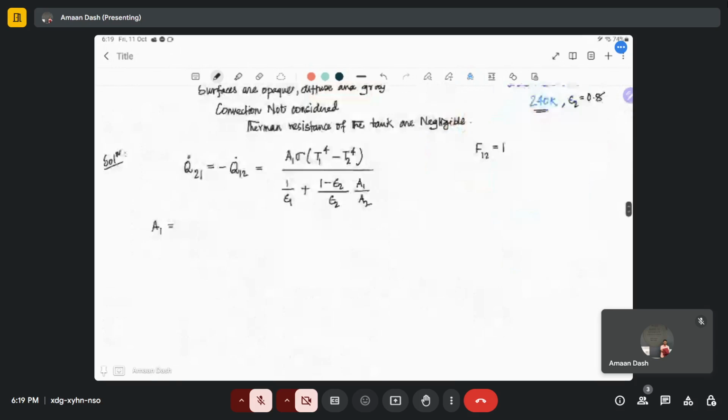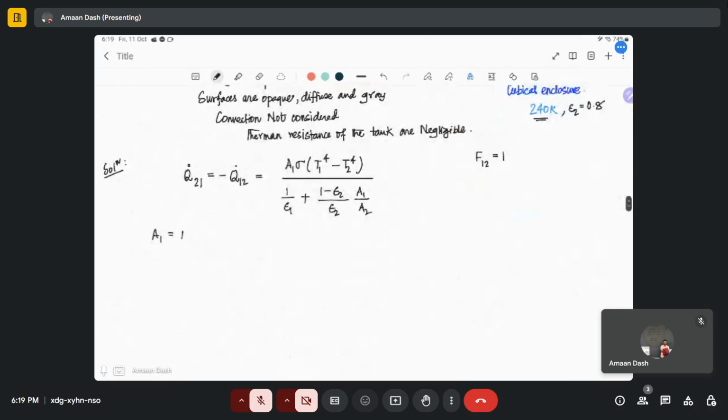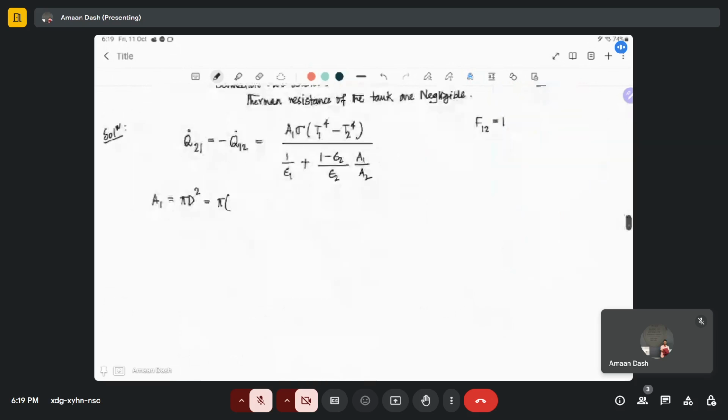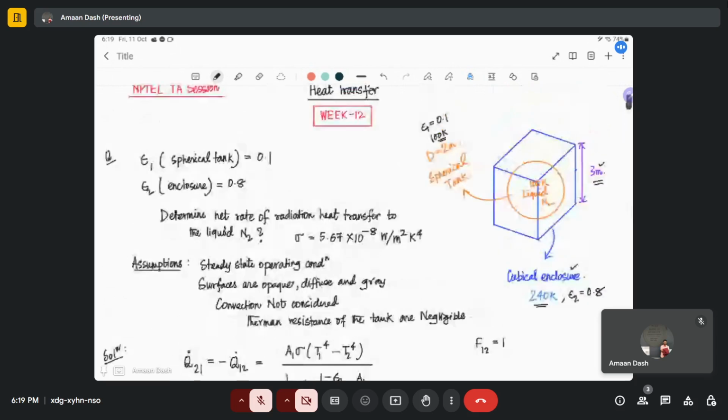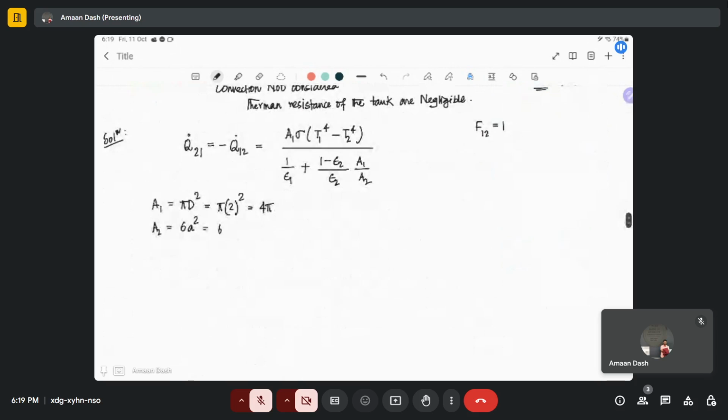This we can easily calculate by the network method, or resistance based method, for this radiation transfer. So from 1 to 2 we can write A1 sigma times T1 to the power of 4 minus T2 to the power of 4.